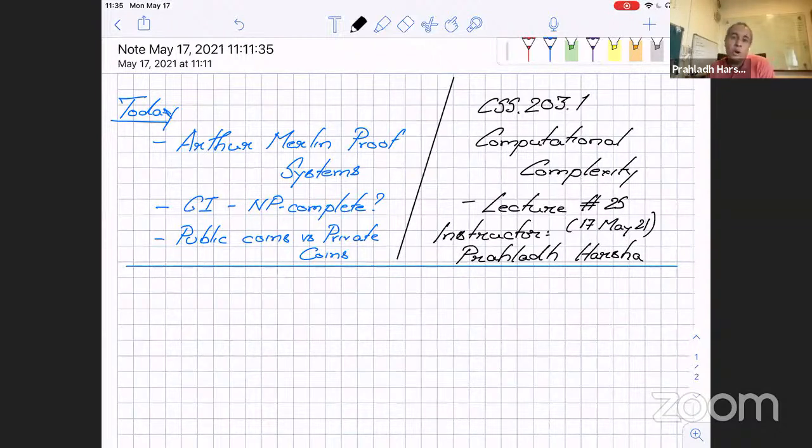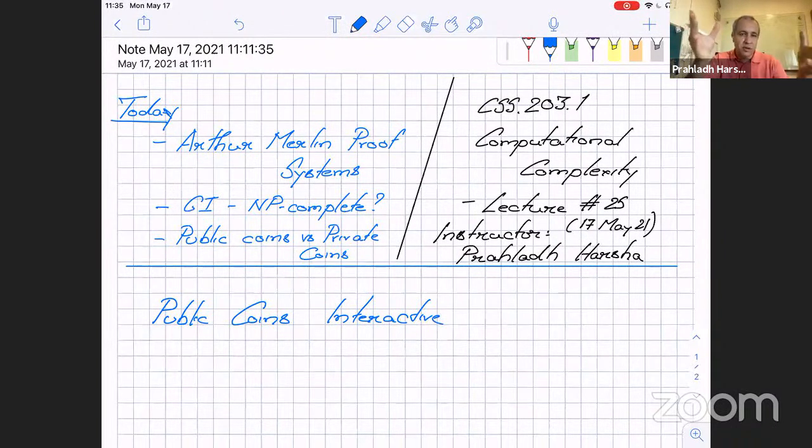Then we saw that actually not just graph non-isomorphism, in fact, all of PSPACE can have this. But a special property of some of these proofs was the fact that these were actually public coin interactive proofs. And what does this mean? This means that at every step, the verifier does not do anything, but just tosses coins and hands over those coins to the prover.